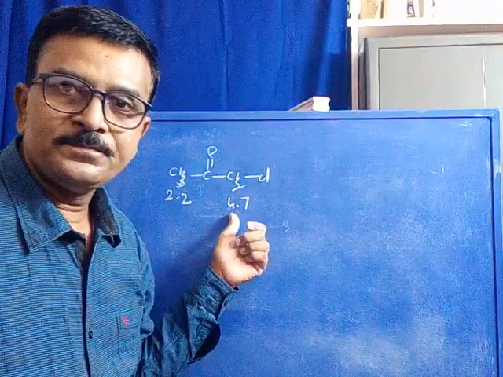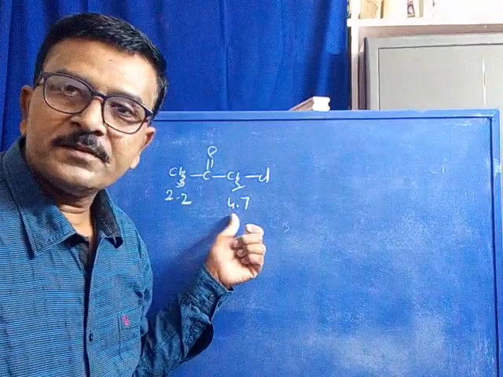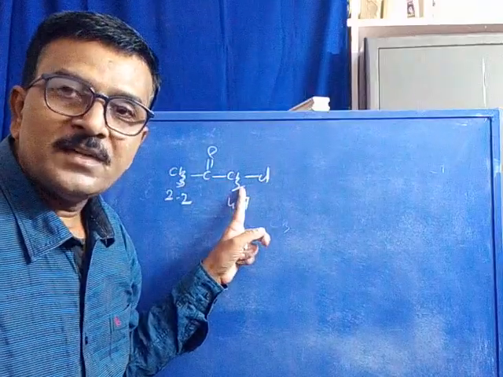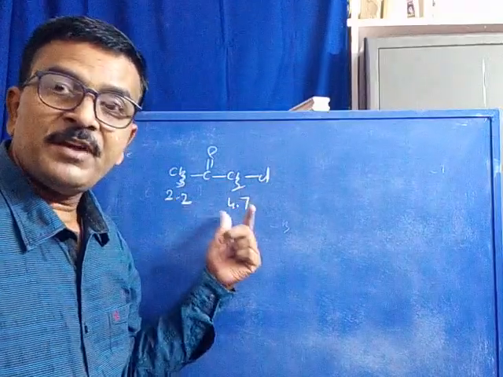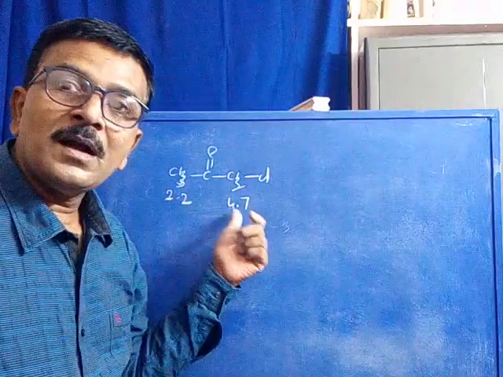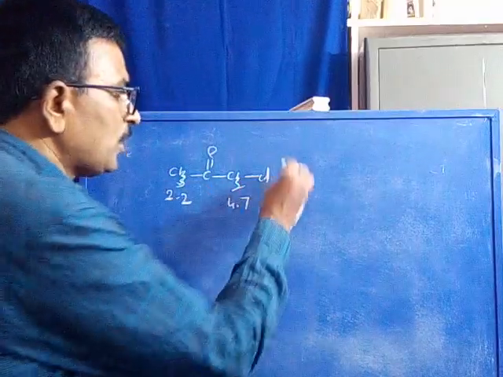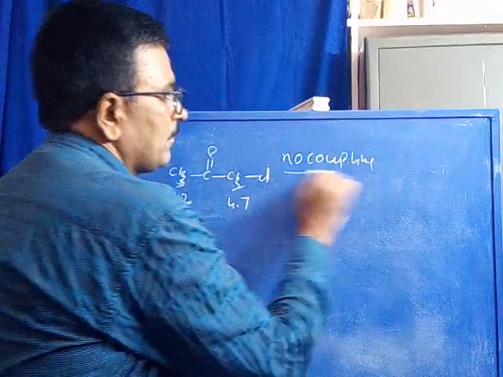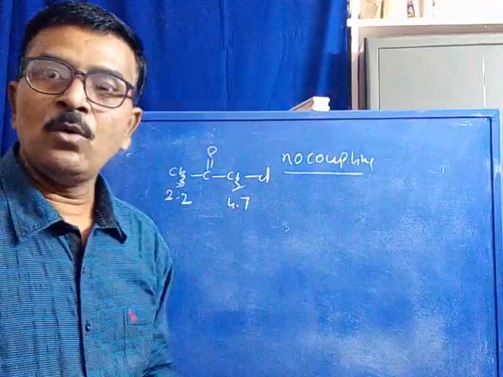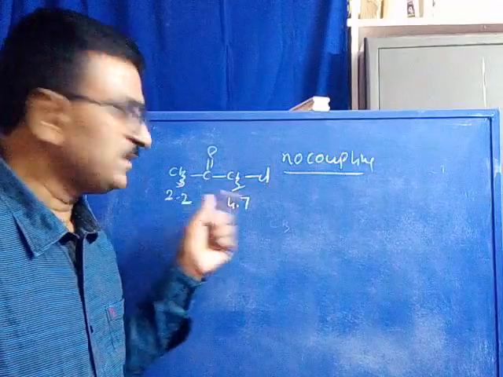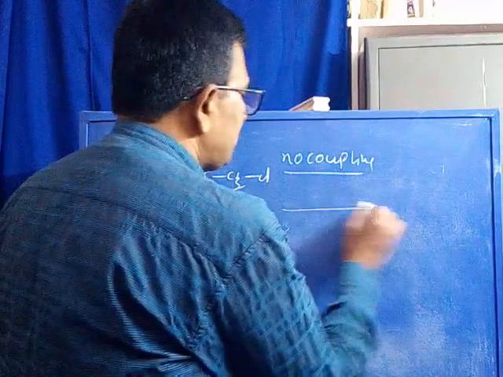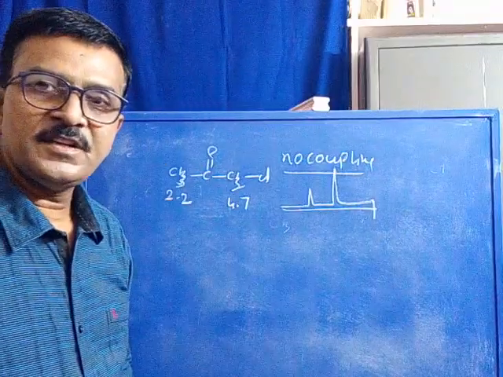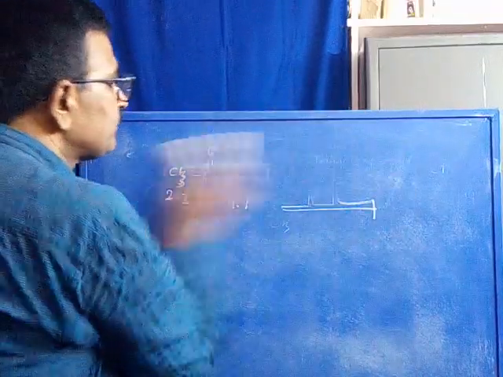So the frequencies are different, but these 2 are not adjacent. Therefore, no coupling. When there is no coupling, a singlet appears for CH3 and a singlet appears for CH2, like this: a CH2 signal, a CH3 signal.